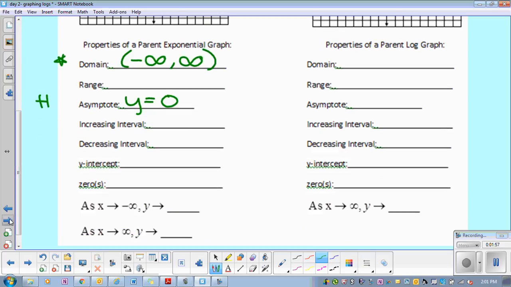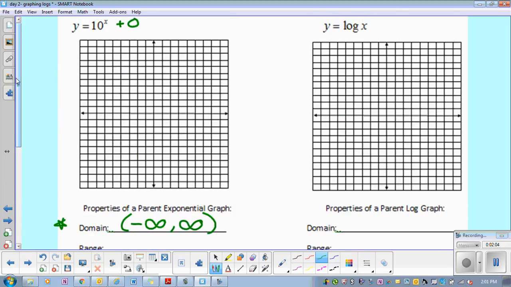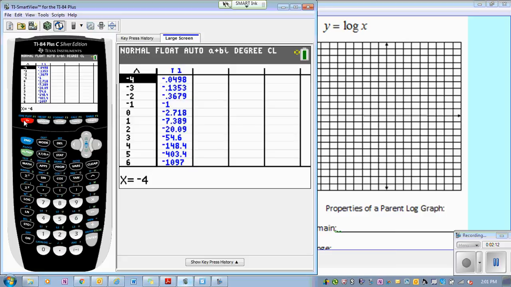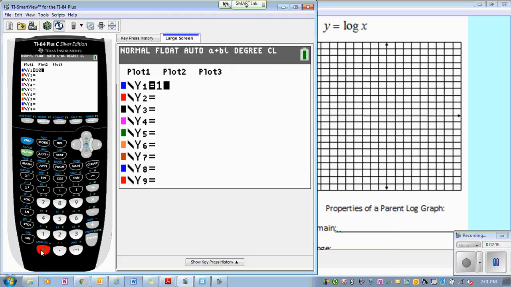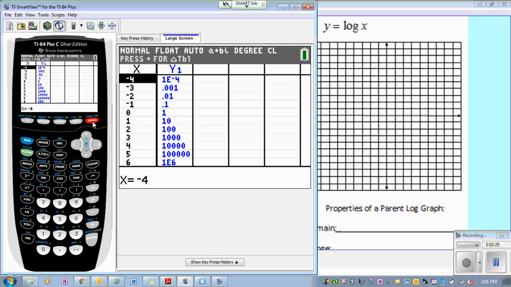So now all this, the range, increasing, decreasing. Well, you know what? Let's graph it. So let's go to our calculators and put in y equals 10 to the x. All right, so go to second graph, and let's get some nice points.